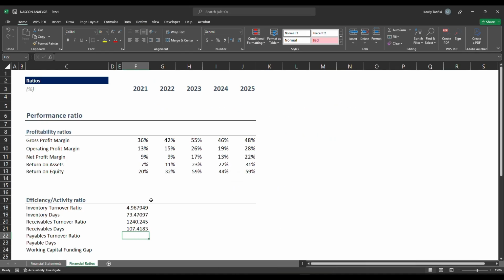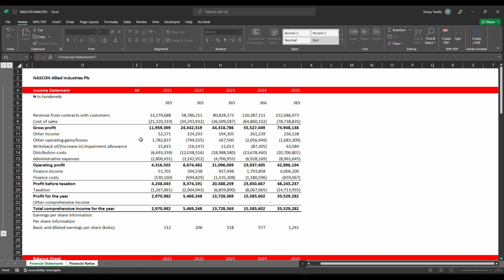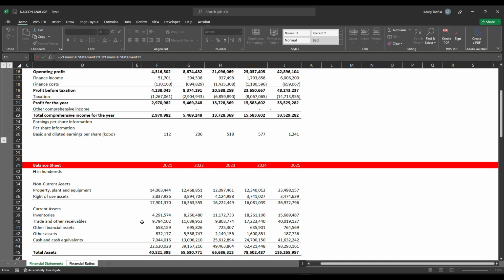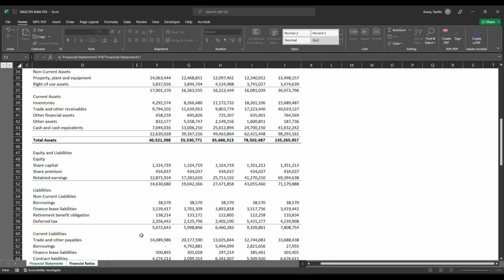So we start with the first one, payable turnover ratio equals the cost of sales. Let me actually put that in the bracket. The cost of sales, make it an absolute figure. The cost of sales divided by accounts payable. I'm doing it with accounts payable.